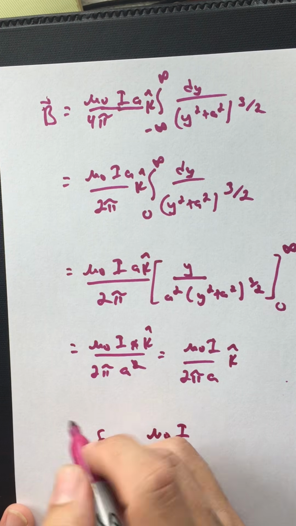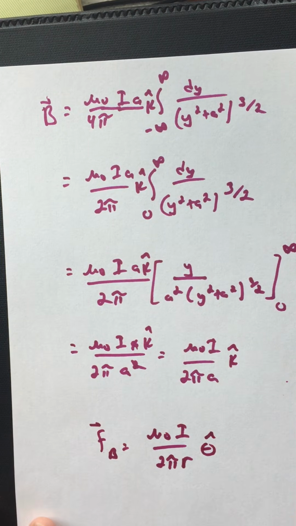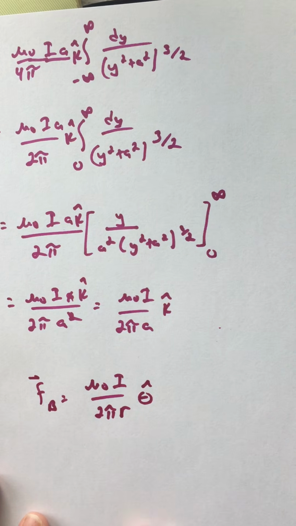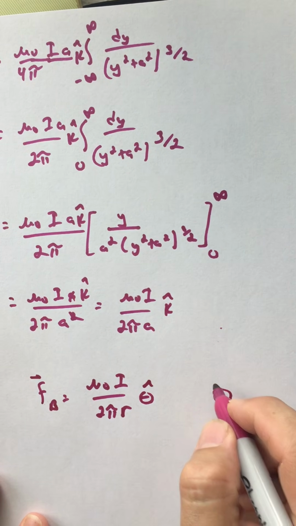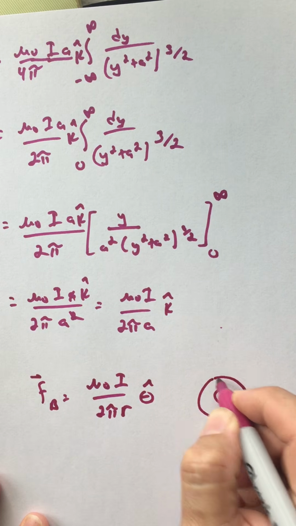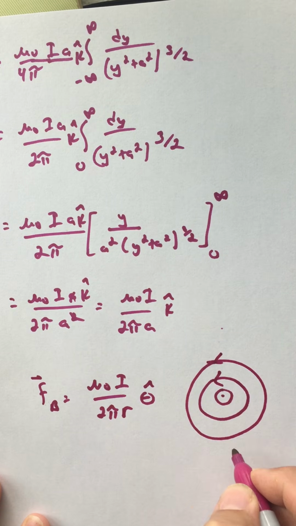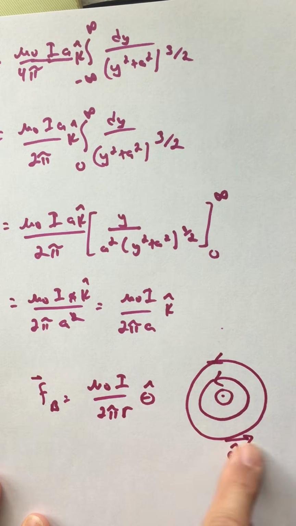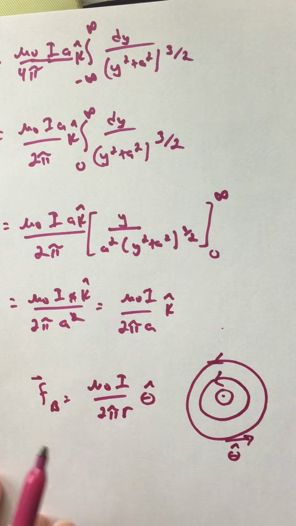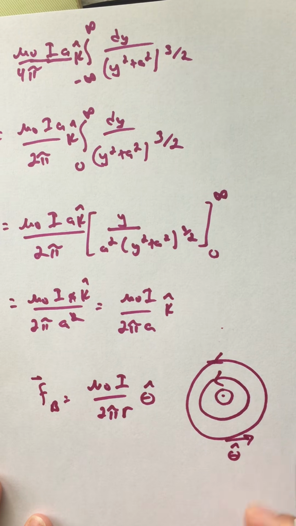This is usually written in vector form like this, to remind you that if you're looking at this wire edge on, so here's the wire coming towards you, you have a magnetic field that looks like this in the theta hat direction, where theta hat is the unit vector attached at every point. For this particular case, now notice what we're doing. We just picked off one point. We picked off this point.